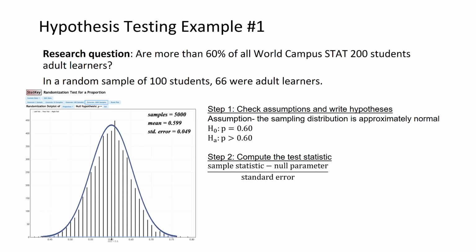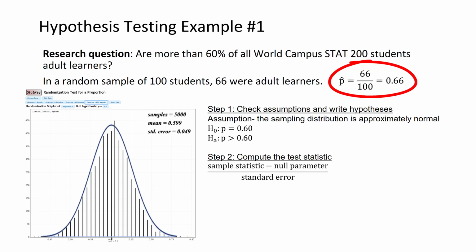This is the general form of a test statistic. This translates the observed sample statistic to a z-score. The sample statistic is the proportion in the original sample. 66 divided by 100 gives us a sample statistic, in this case a sample proportion, of 0.66.